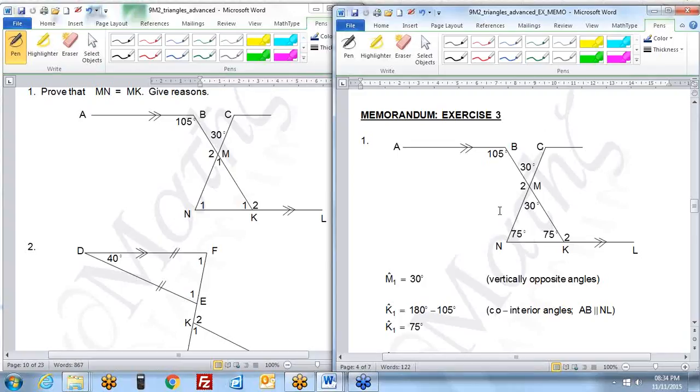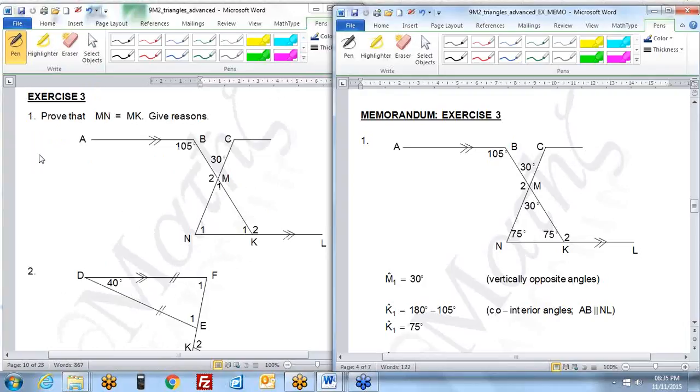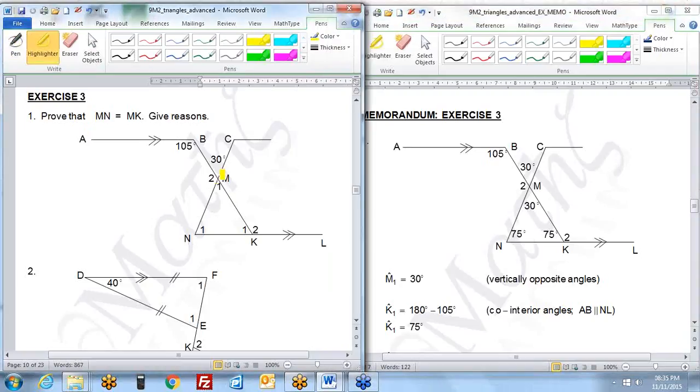Right, let's quickly mark it. Exercise 3, prove that MN equals MK.